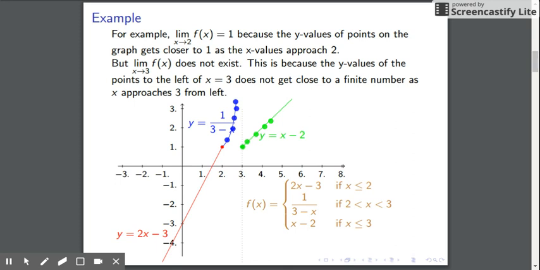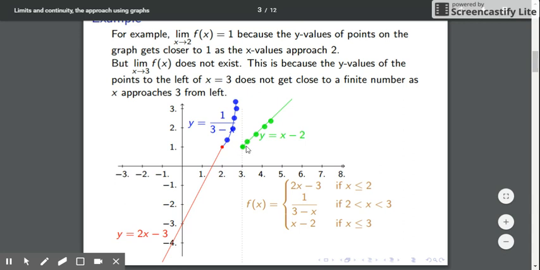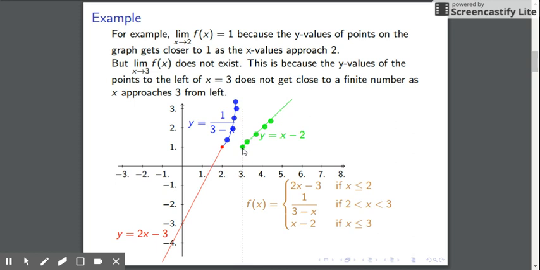But all this discussion about approaching from the right and approaching from the left leaves us with another definition for limit, which is limit from left and limit from right. And that comes next. So here, as we were getting closer and closer to 3, using this path, we could predict a y value for x equal to 3.